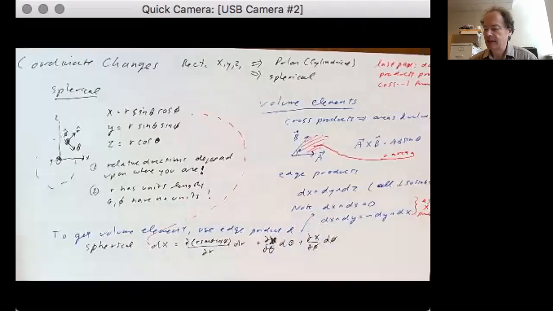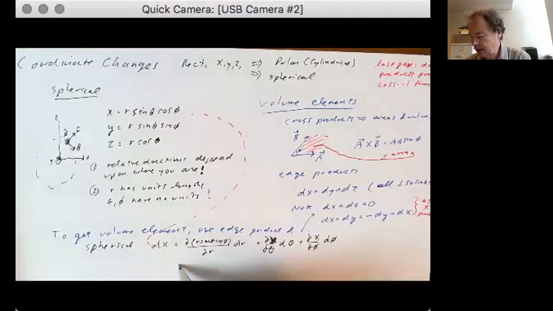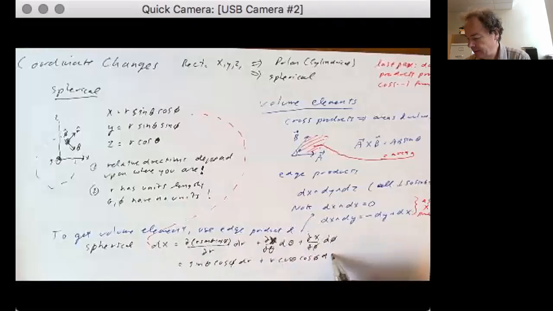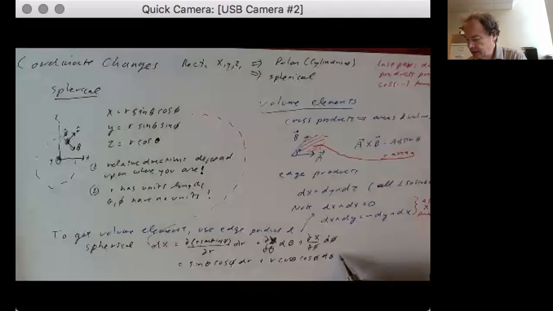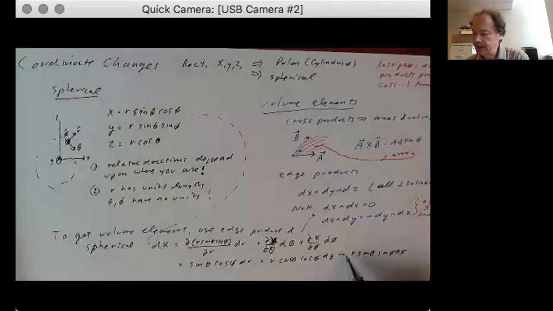And then all those dependencies are in there, and I can write down what it is. It is sine theta cosine phi dr plus r cosine theta cosine phi d theta minus r sine theta sine phi d phi. And the minus, of course, is because the derivative of cosine is minus the sine.